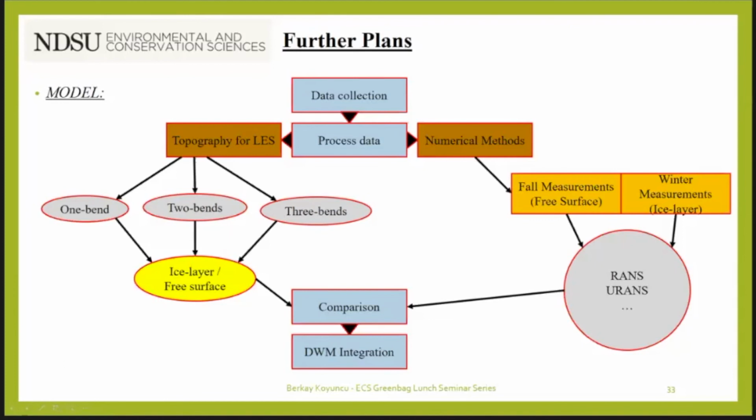The last part is going to be integration of the deep water map. We're still thinking about how we can integrate that. Maybe flood management. I don't know. It's not certain right now, but we're planning to integrate this deep water map at the end, after we make the comparison. So that is our planning for the future model.